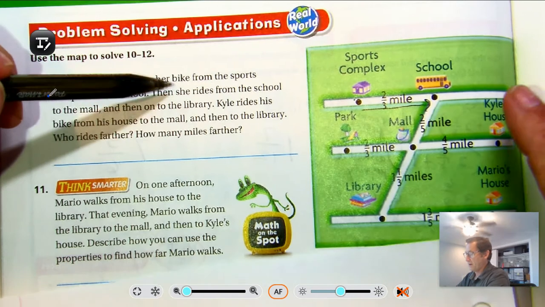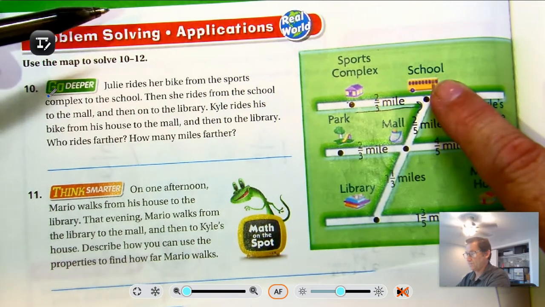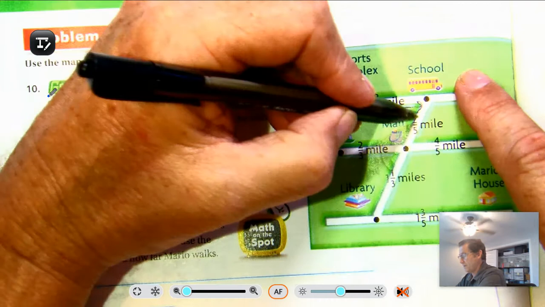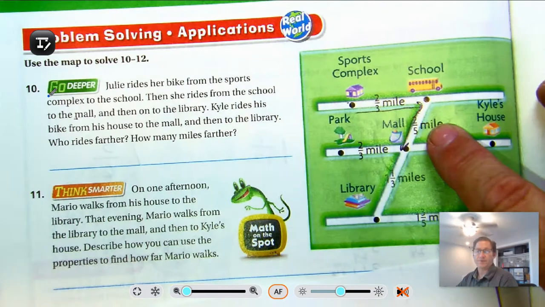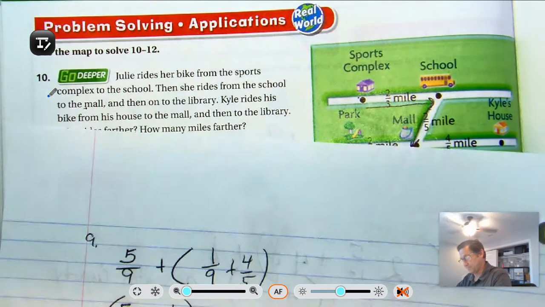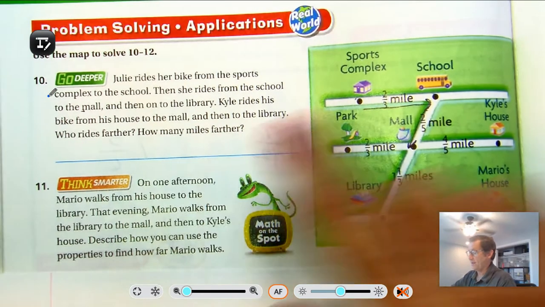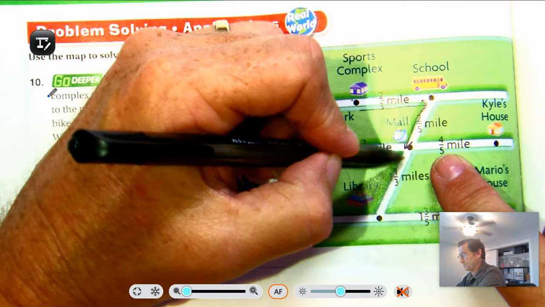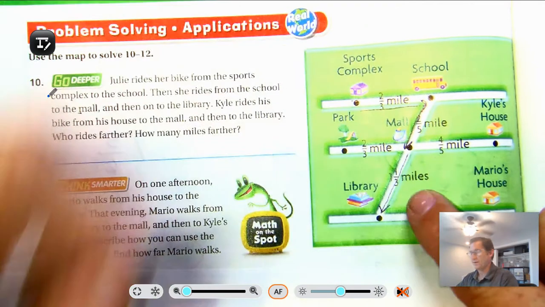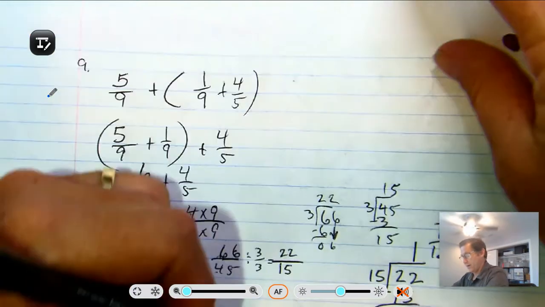Okay, then she rides from the school to the mall. Okay, well, that would be 2/5 mile. And then on to the library. And that would be 1 and 1/3 mile.